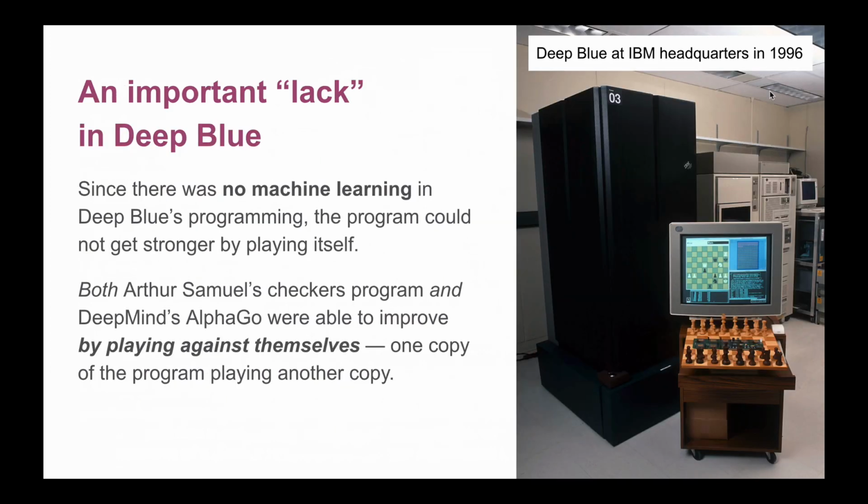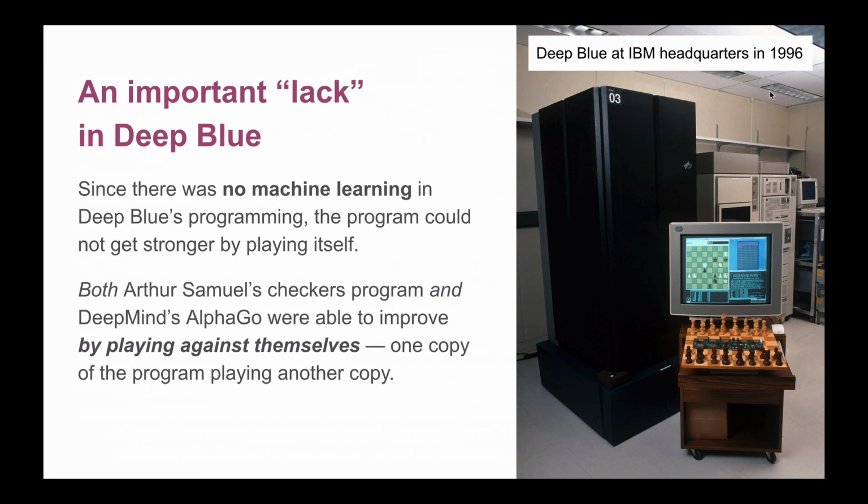So since Deep Blue didn't have any machine learning, the program could not improve by playing itself. Because when you have 2 programs play each other, the point is so that each of those 2 programs can become stronger. And then you have generations of the program play each other and they get stronger, and then they play each other and they get stronger still.